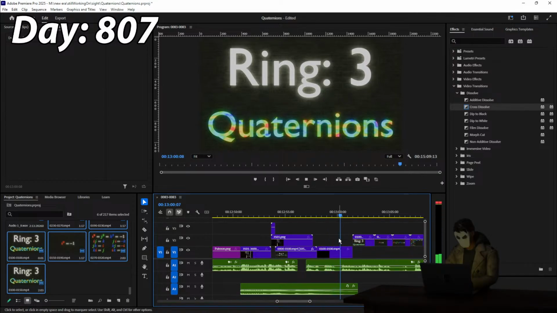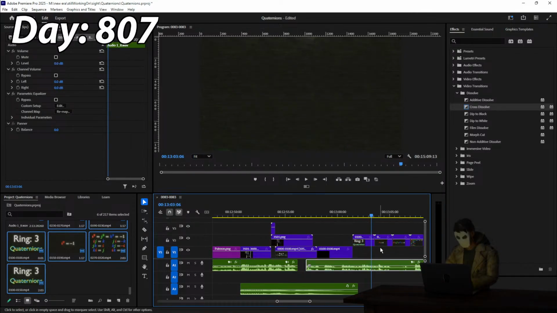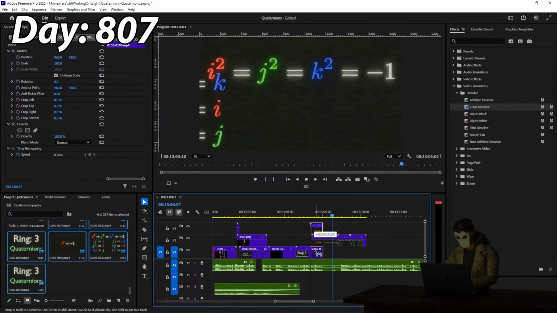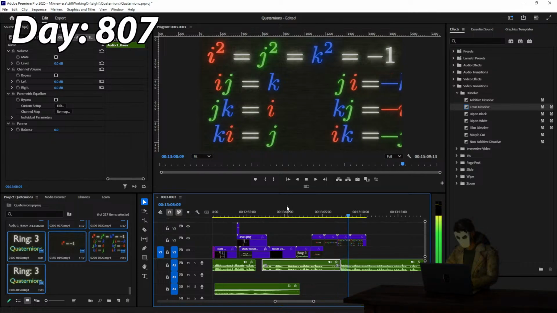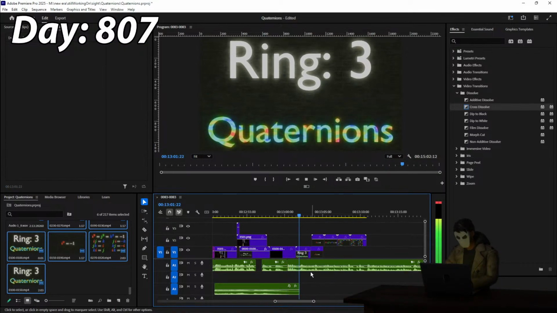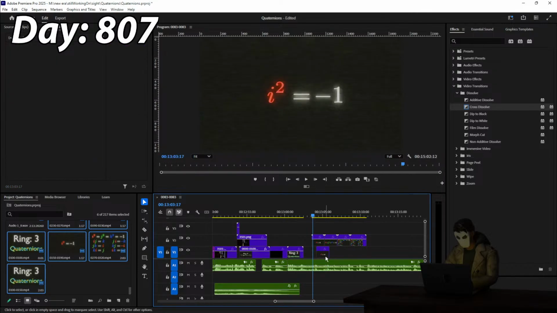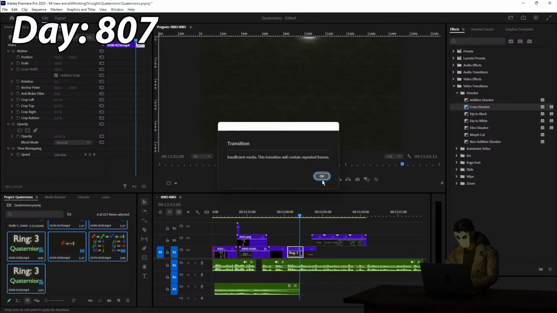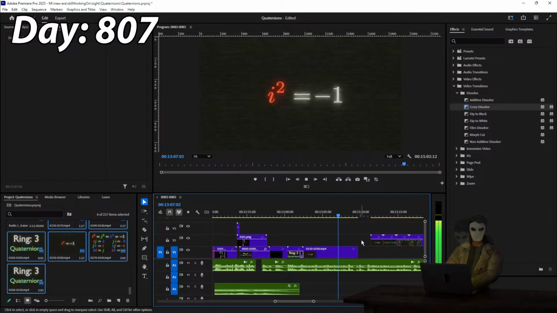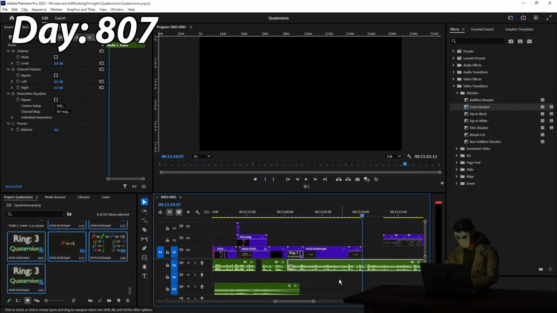So what's the deal with them? Well, the deal for them comes in two forms. First of all, we have the complex i, where i squared equals -1, but this time we also add in there j and k, with j squared and k squared.